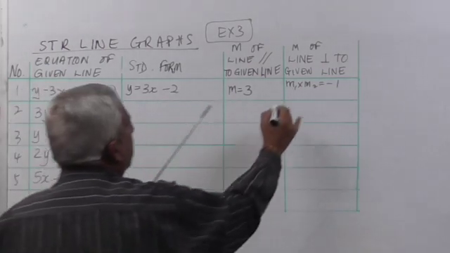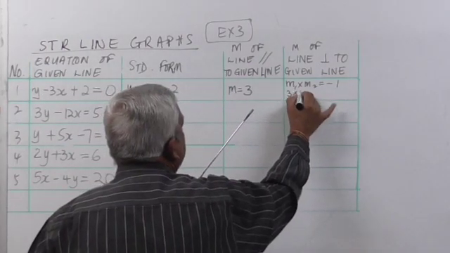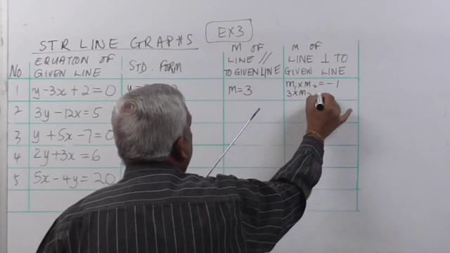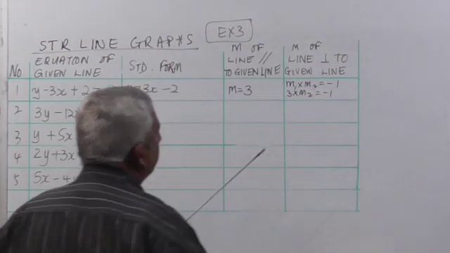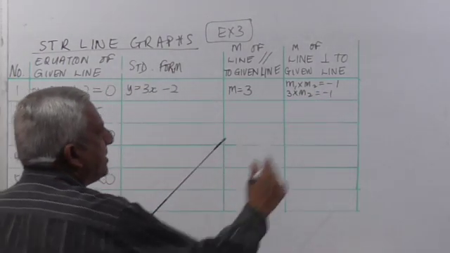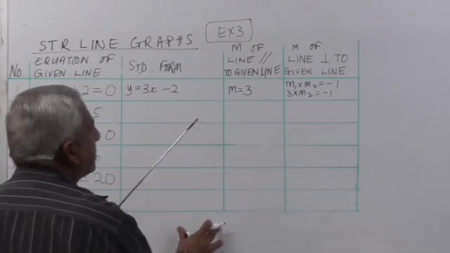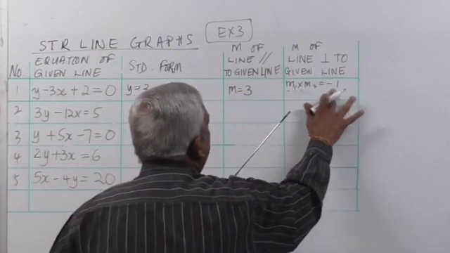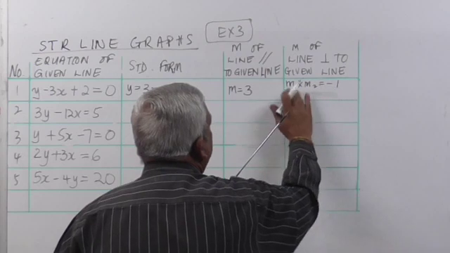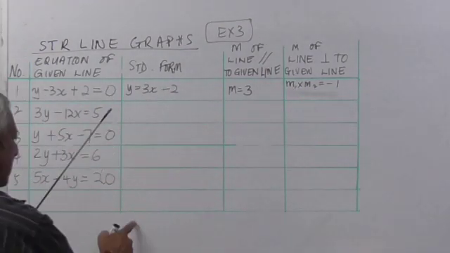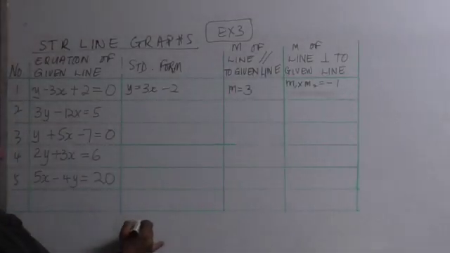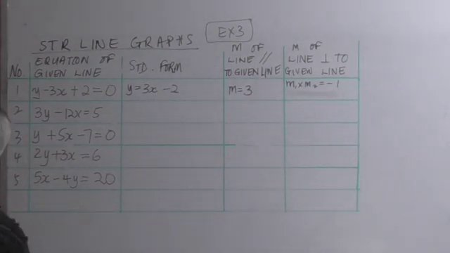So this is 3. So 3 times m2 must give me -1. Alright, let me just do the working here.